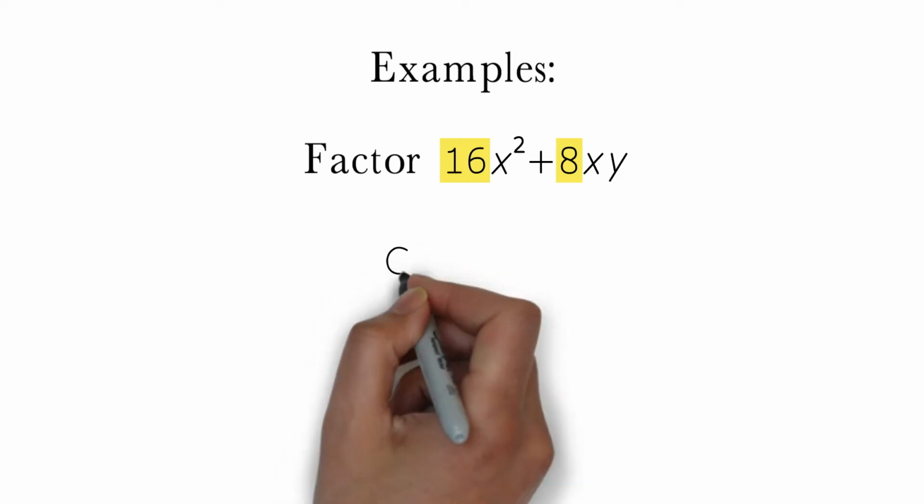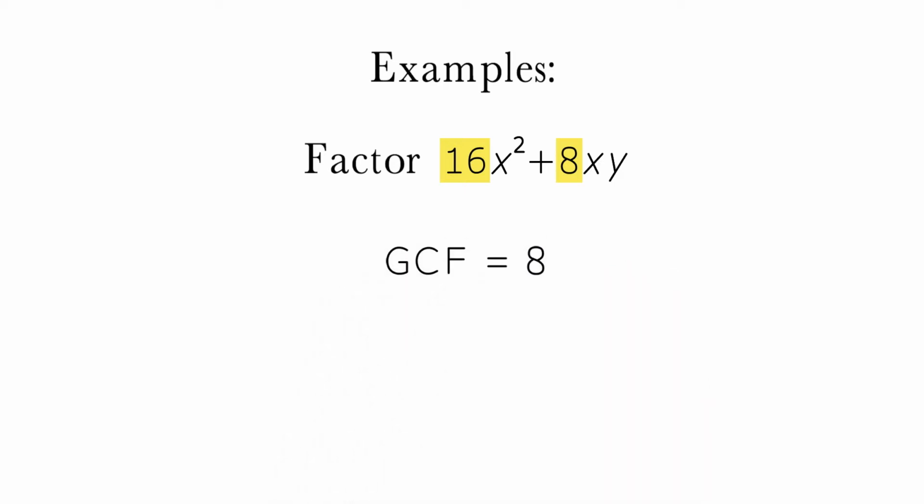In the next example, let's factor the expression 16x squared plus 8xy. To find the greatest common factor, let's begin by looking at the coefficients of each term. The largest number that evenly divides into 16 and 8 is 8. Thus, the greatest common factor will contain a factor of 8. Then we'll look at the variables. Let's first look at the x's.